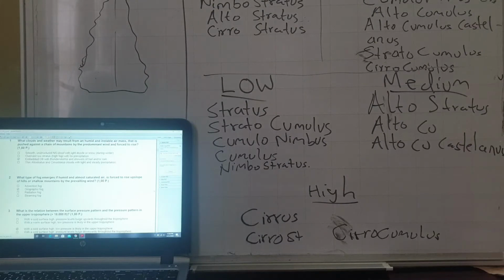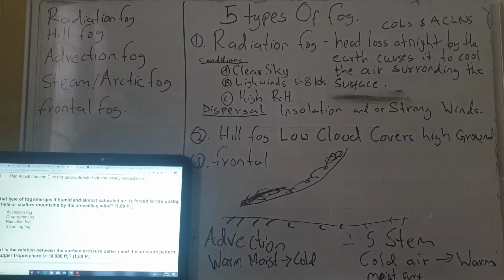What type of fog emerges if a humid and almost saturated air is forced to rise upslope of hills or shallow mountains by prevailing winds? Okay, so number 2 is asking, what type of fog emerges if a humid and moist saturated air is forced to rise upslope of hills and shallow mountains by prevailing wind?